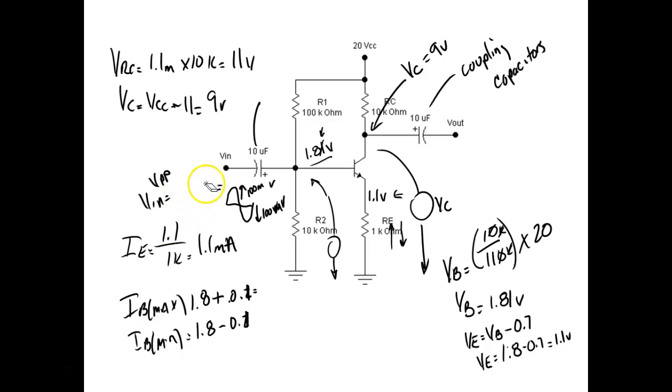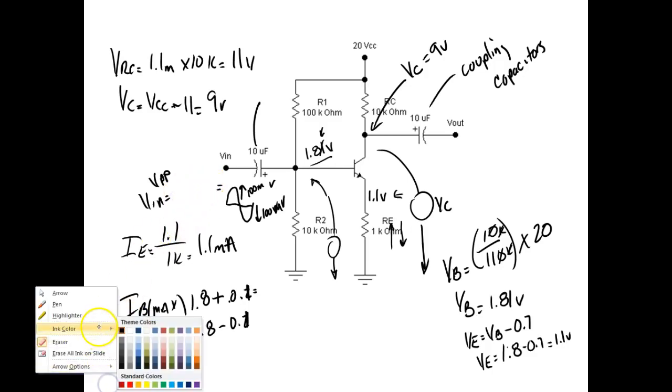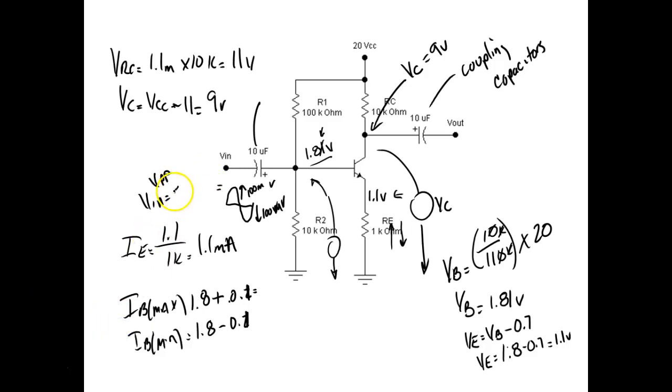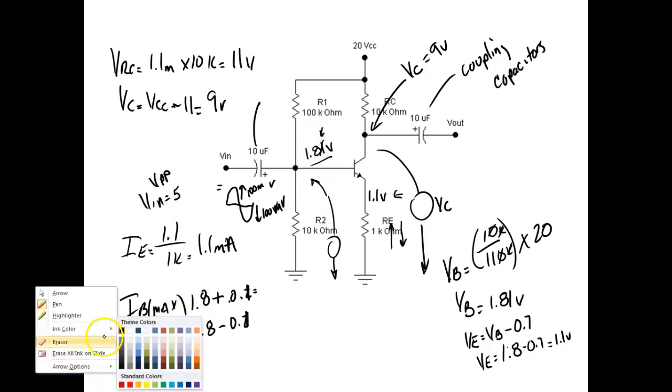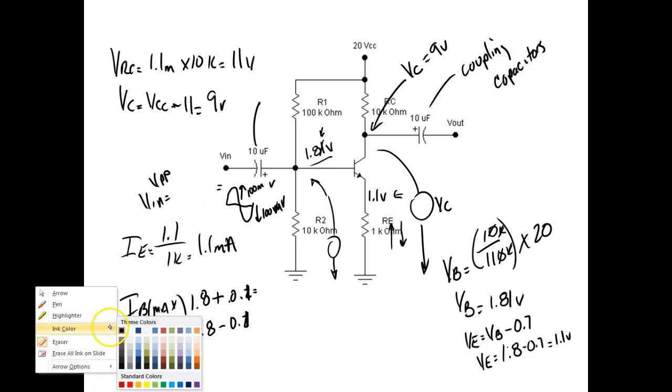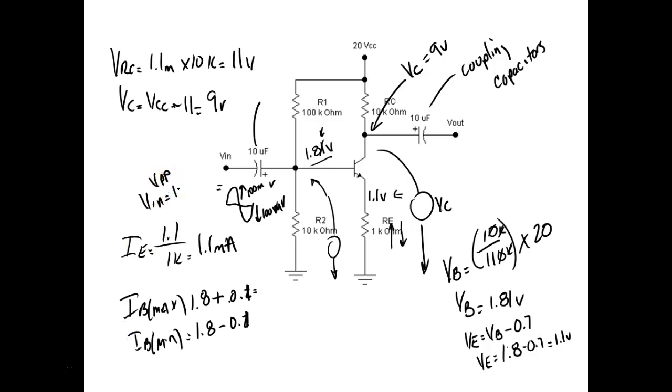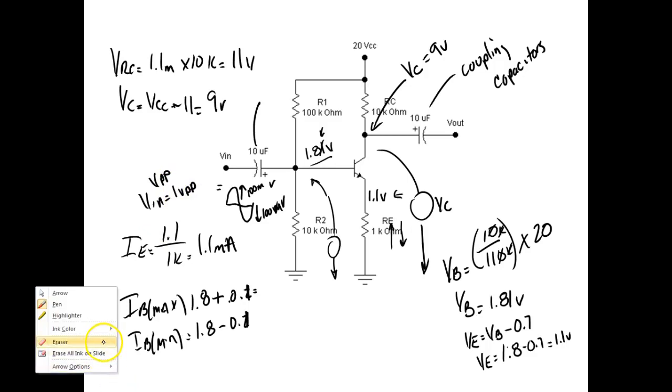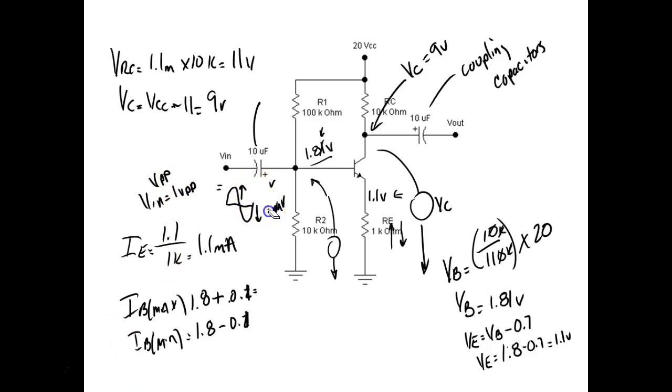So let's change this to, since we haven't done the calculation, it'll be okay. In fact, let's do 1 volt peak to peak. So that'll be 500 millivolts up and 500 millivolts down. We can do that without saturating, because the other way we wouldn't see a big change.